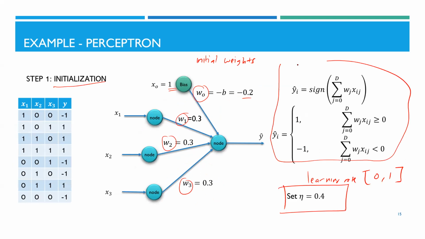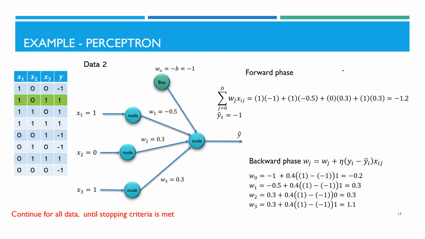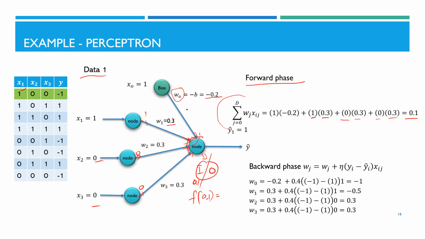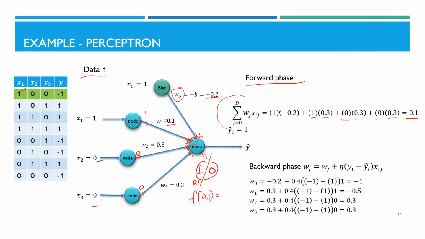If the input is less than 0, the output is minus 1, but our input is 0.1, which is greater than 0. So the output is 1. That's why the predicted output for the first data is 1.